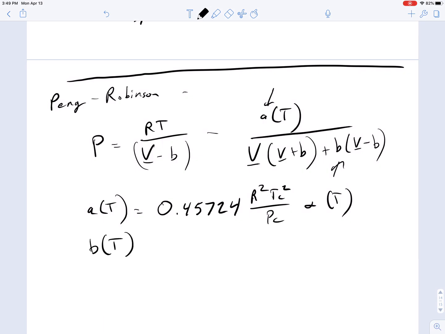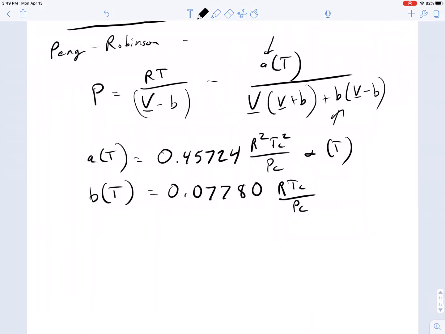B of temperature equals 0.07780 RTc over Pc. Alpha, well, let's just do it for square root of alpha, is equal to 1 plus kappa times 1 minus the square root of T over Tc, close parentheses.